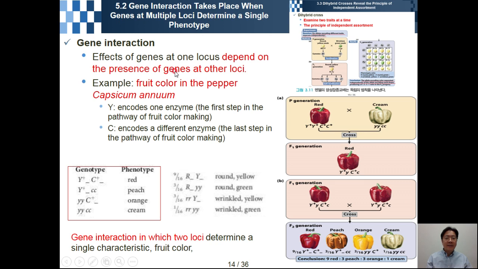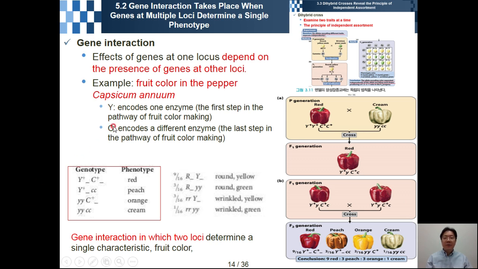For example, in this case it is fruit color in the pepper. Y encodes one enzyme, for example the first step in the pathway of fruit color making, and C is located on another chromosome. For example, Y is located on chromosome 1 and C on chromosome 2.